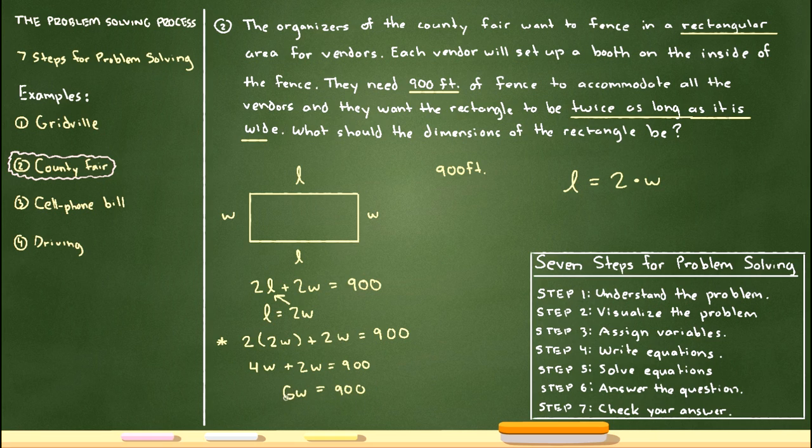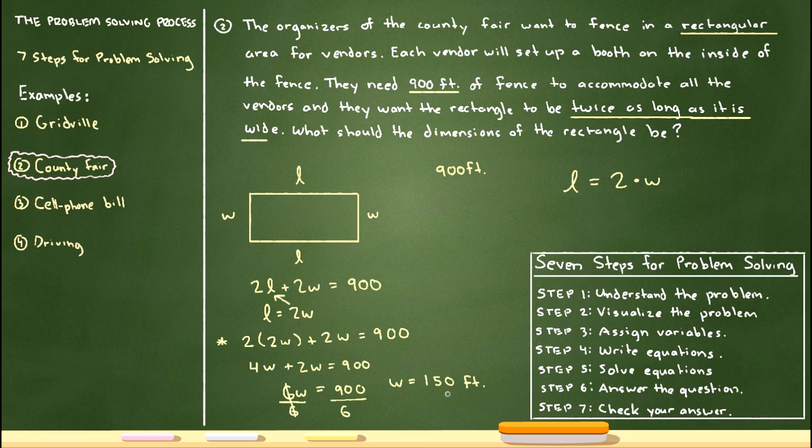Okay, and then lastly, we just want W, so we need to divide both sides by 6. So W is equal to 150. And the units on here would be feet, right? Okay.